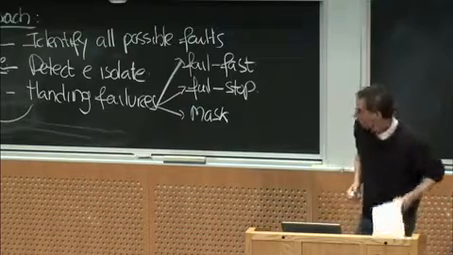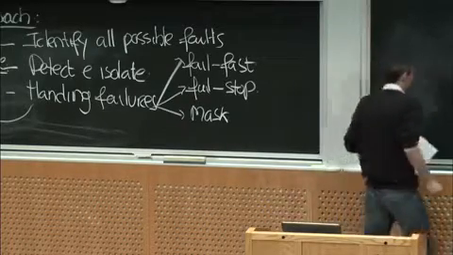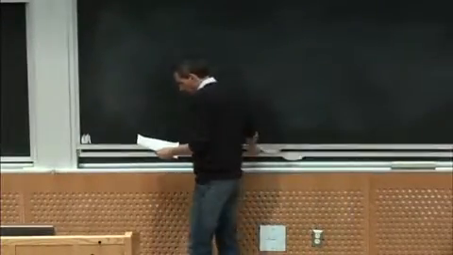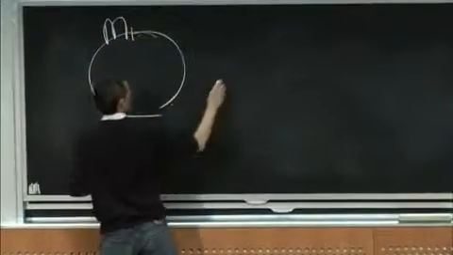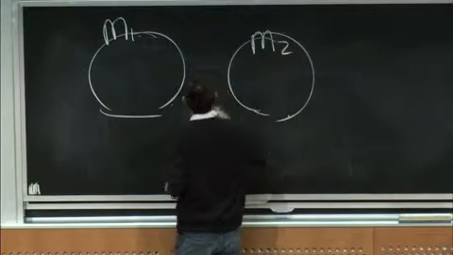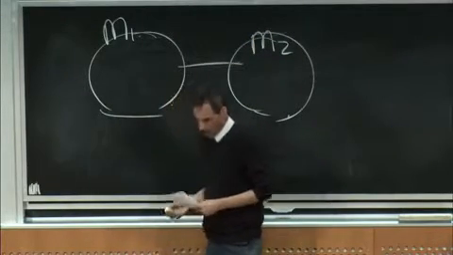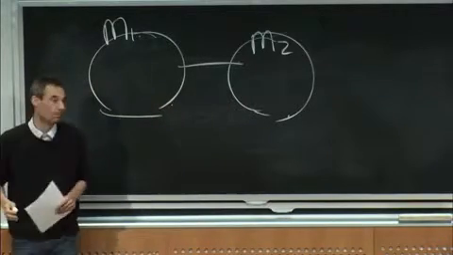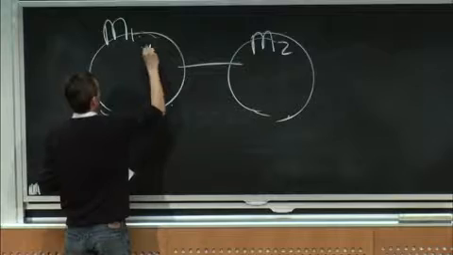Okay, so a couple words on terminology that are helpful to think about. We have a module, let's call it M1, and M2 uses that module. Somewhere in the design of the system there is a fault.